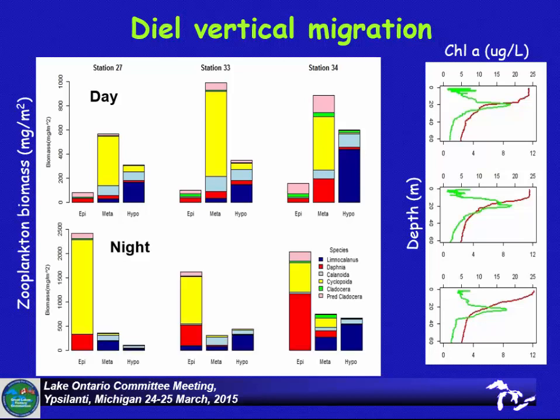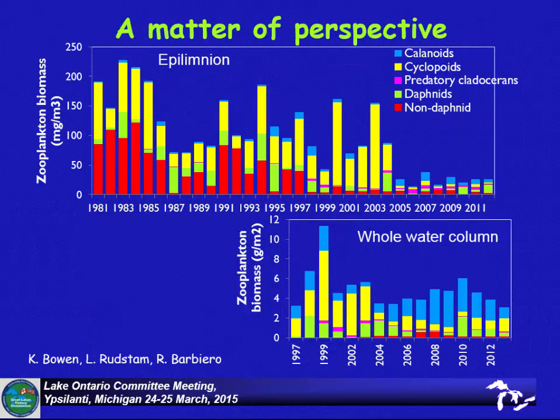But when we look at these same stations and the same dates at night, we see a totally different phenomenon. At night, all of the biomass moves up into the warmer strata, and the communities are basically shifting. So understanding how things are changing both in space and time is important for us to understand what the overall productive capacity is in linking these lower trophic levels to higher trophic levels.